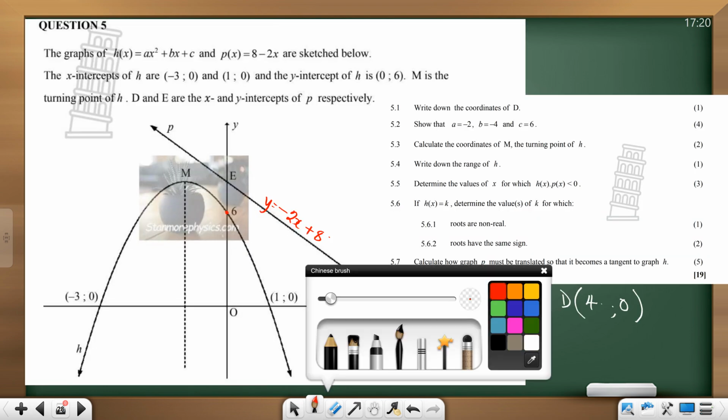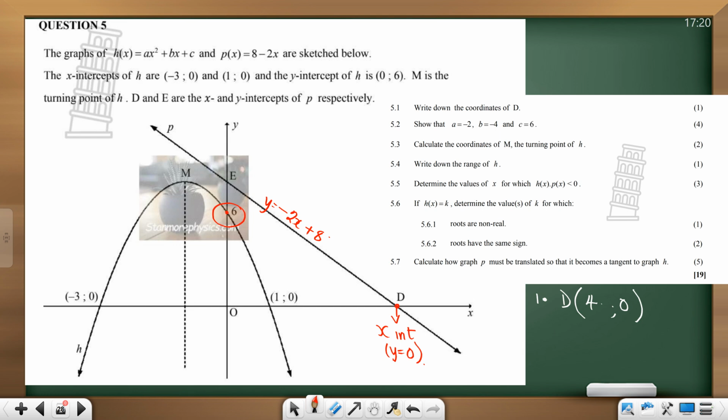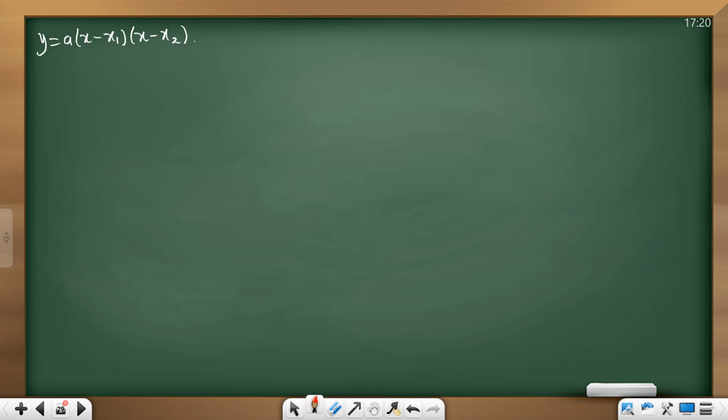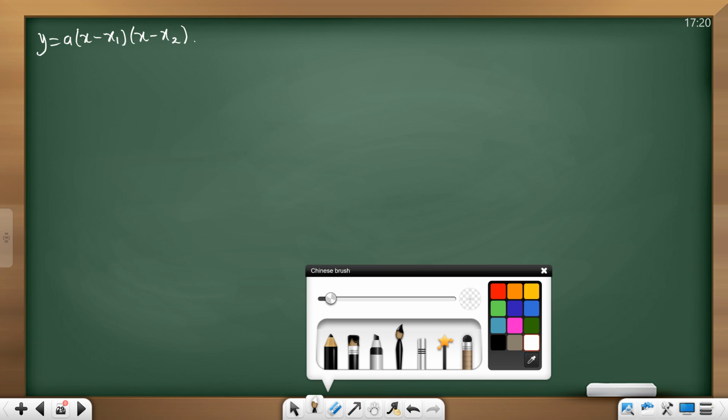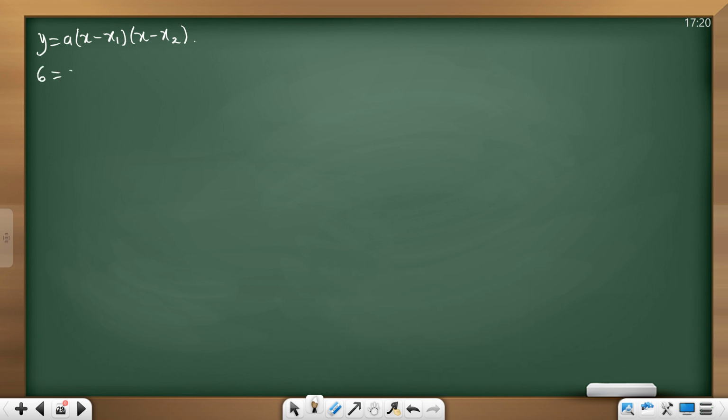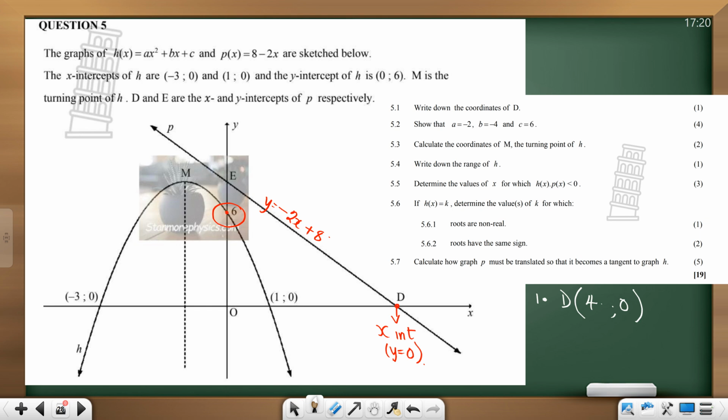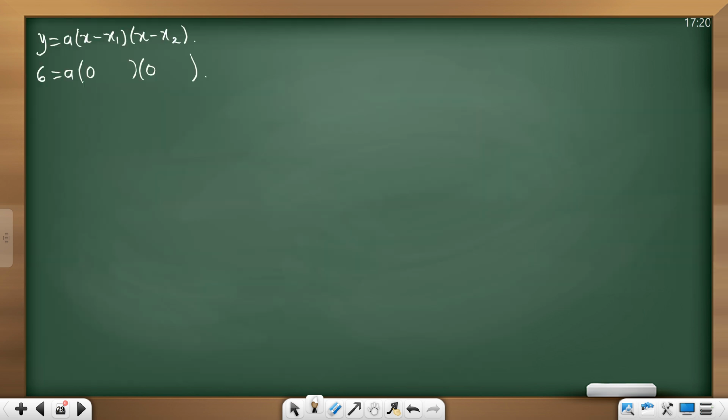Yes, we know this point. X is 0 and y is 6. So 6 equals a(0 minus x1)(0 minus x2). I've substituted my x. What about my x1 and my x2? Negative 3 and 1.